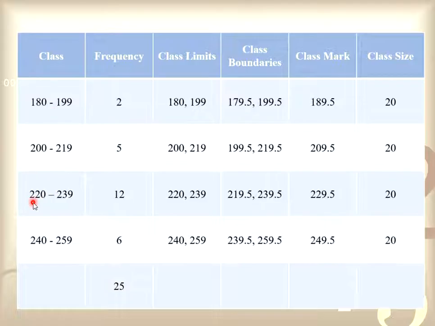So it's not exact. 220 to 239. 240 to 259. So our class size, we just subtract the class boundaries. So 179.5, these are our class intervals. 179.5 and 199.5. So 20. Subtract this too. 199.5 minus 219.5. So 20 again. So to get the class size, we just subtract our class boundaries.